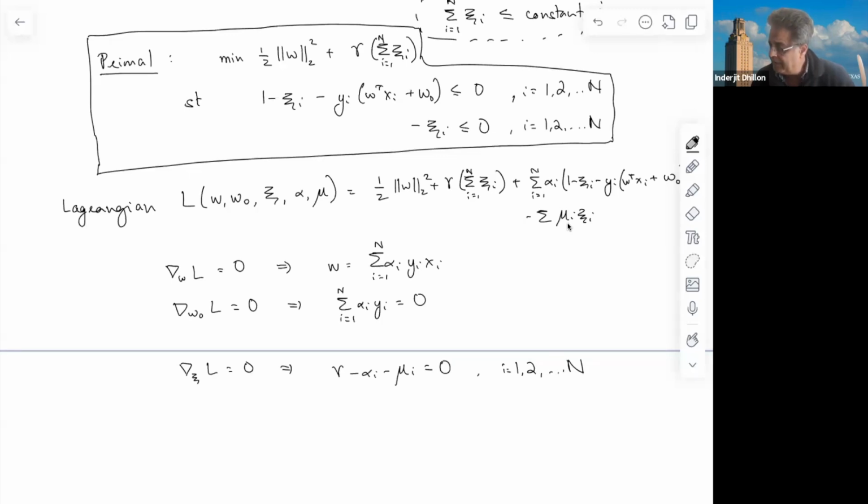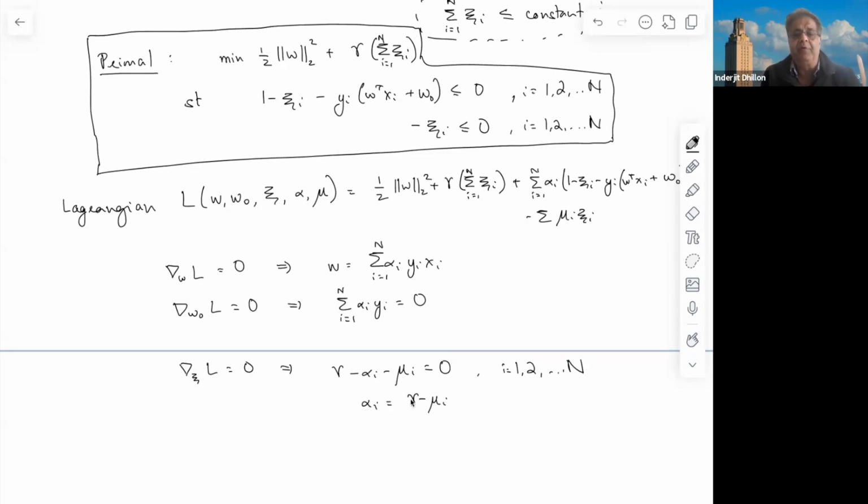And what that says is that alpha i, my dual variables, is equal to gamma minus mu i. So that's the new part from before.